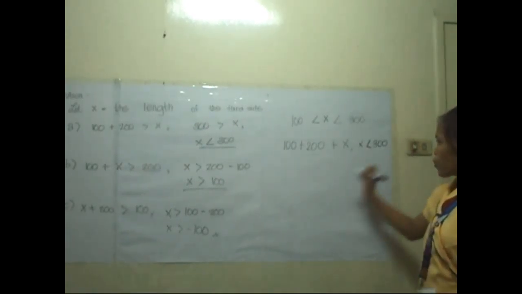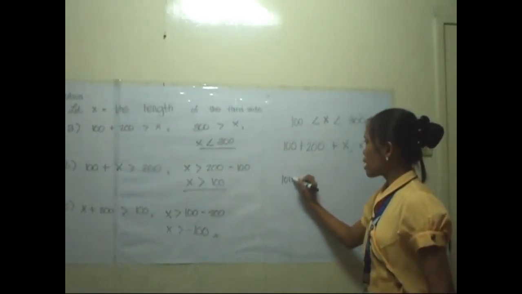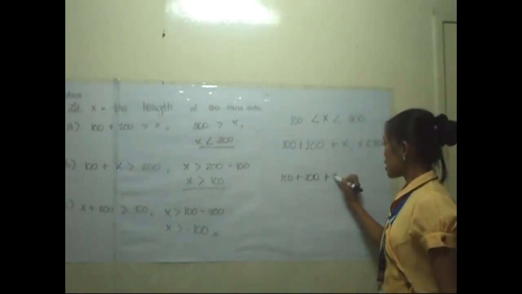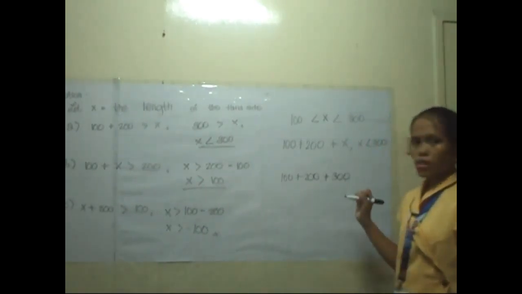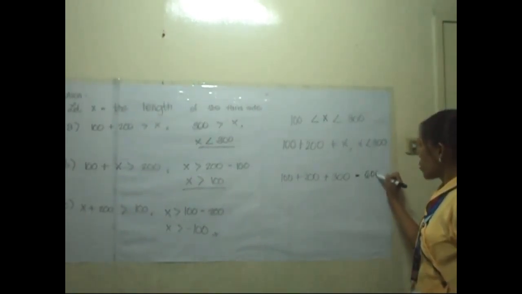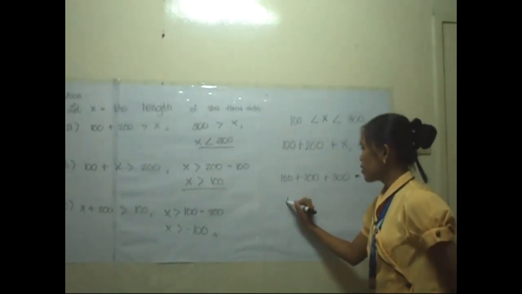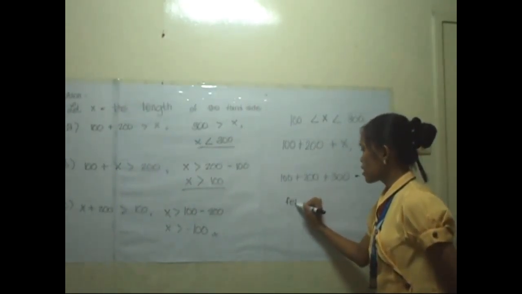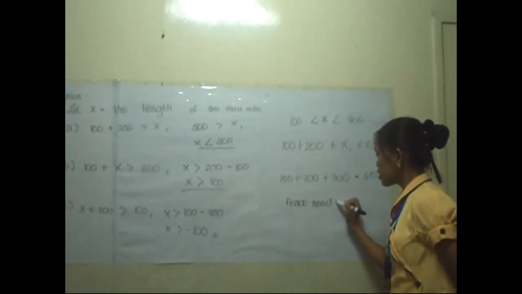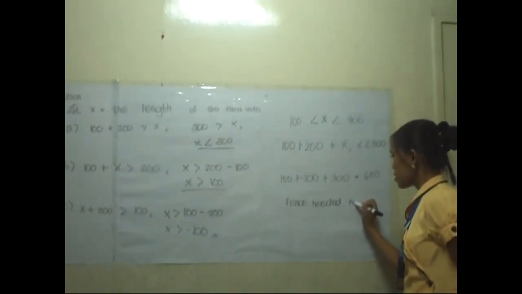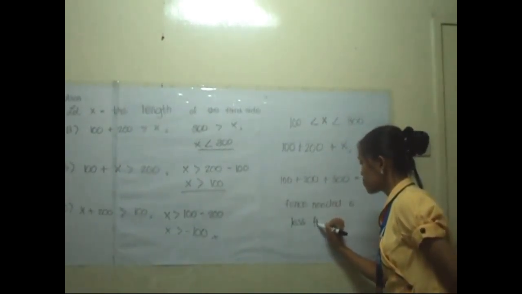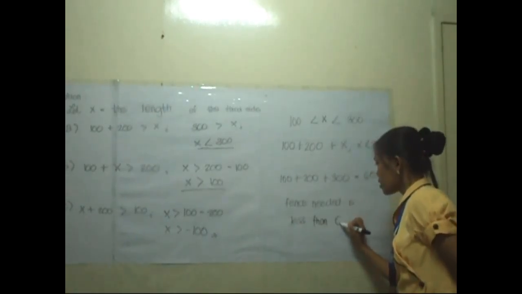So we have 100 plus 200 plus 300. So the fence needed is equal to 600. So the fence needed is less than 600.